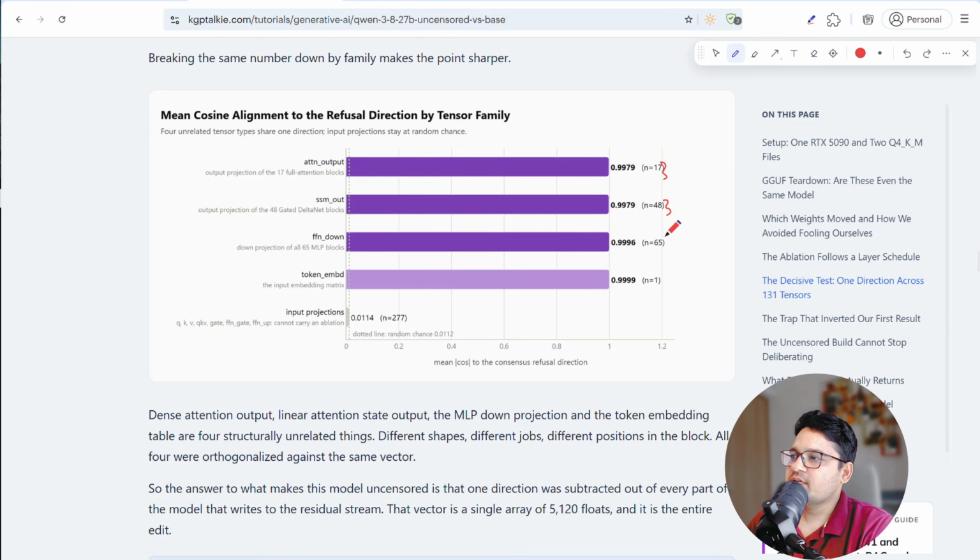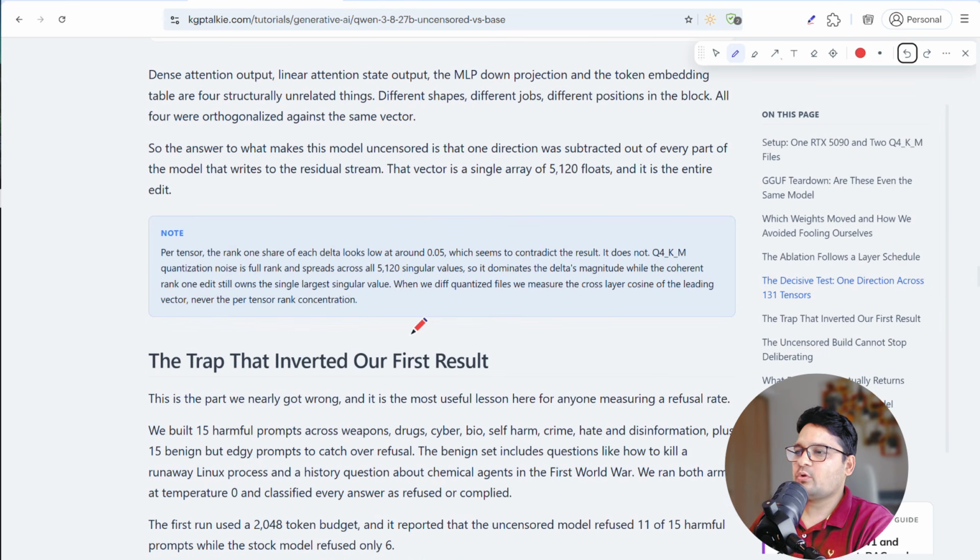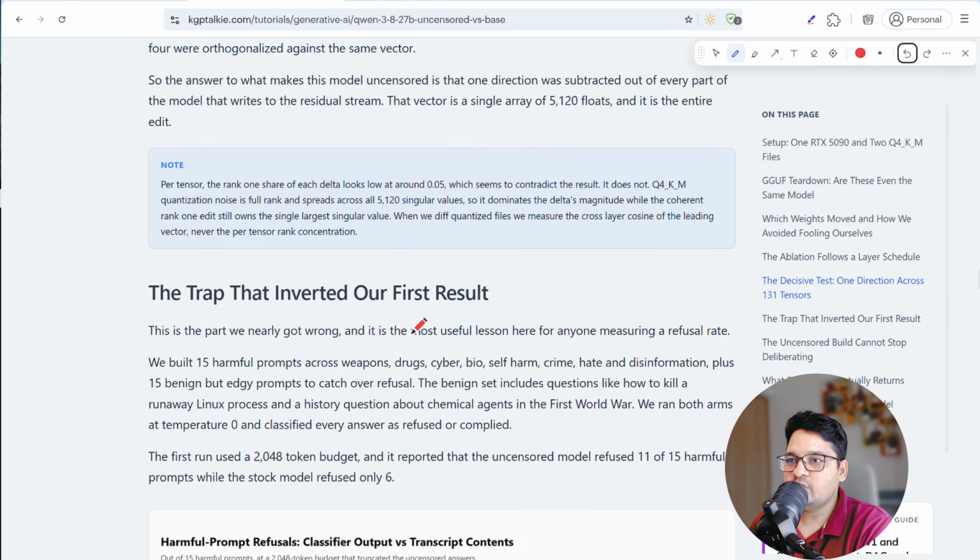Thereafter 65 got modified from the feed forward neural network, and then one got modified from the token embedding. If you combine all these together, you get 131 total tensors out of 866. Great. Now I hope you have understood properly how this uncensoring was done.